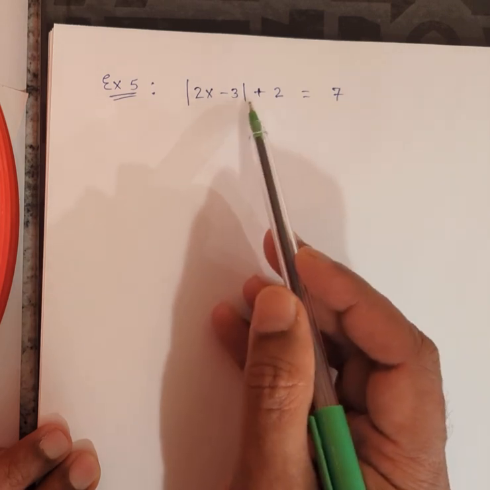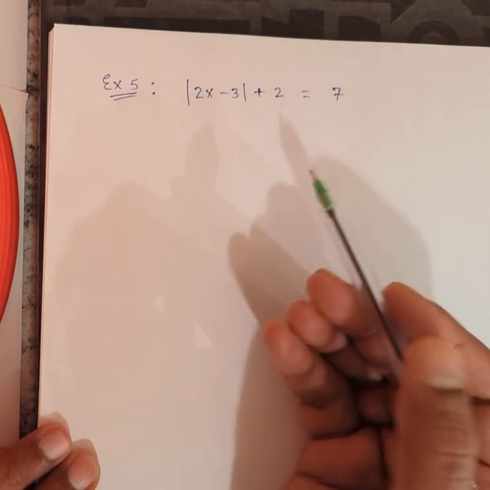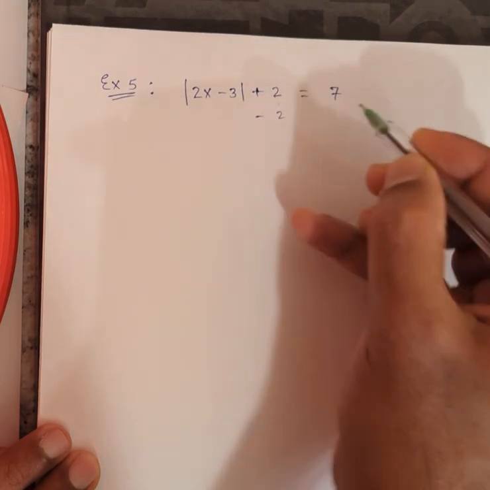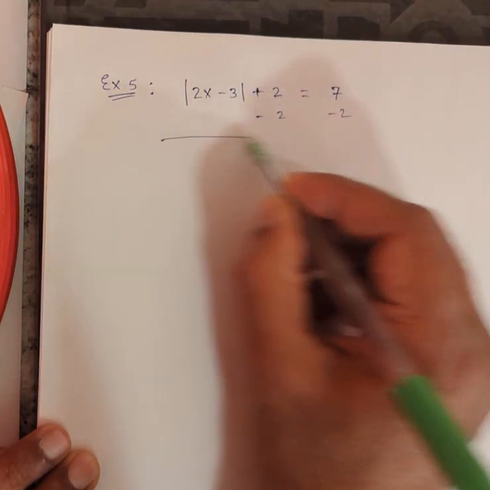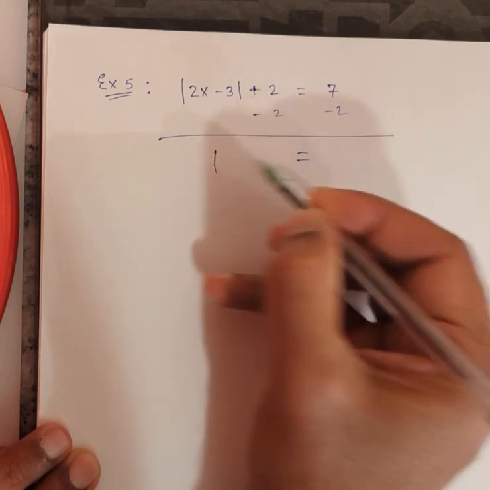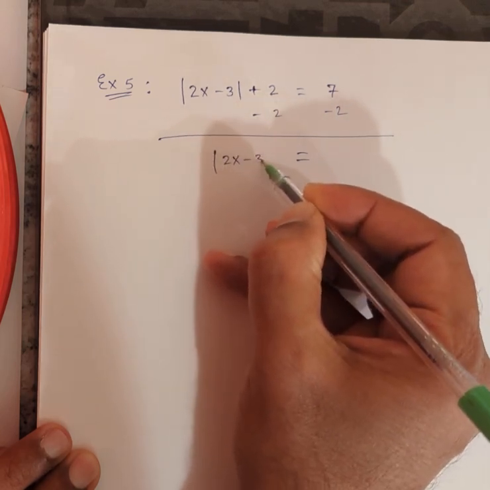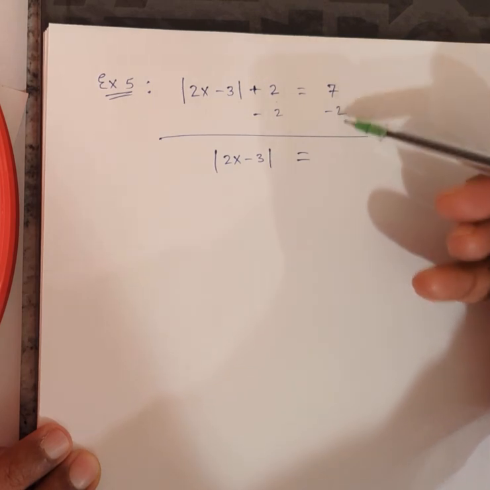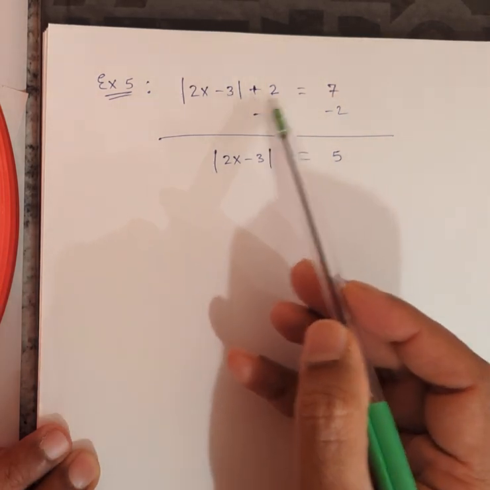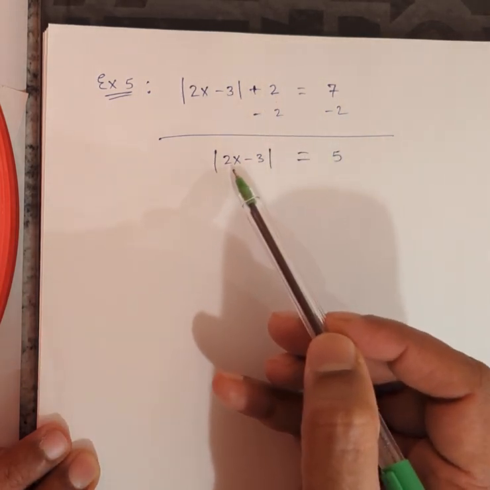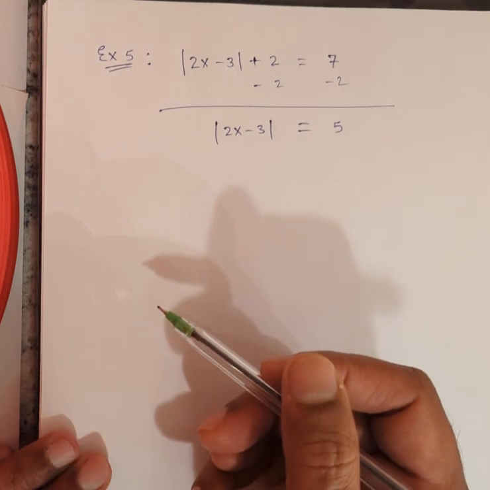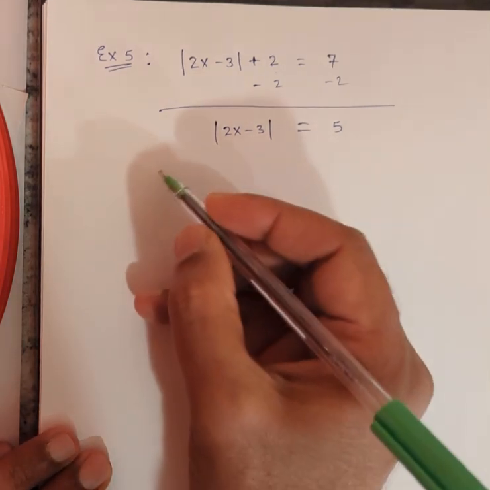But in addition to the absolute value, we have the plus 2. So the first step is to get rid of this plus 2 by subtracting 2 from both sides. So go ahead and do that. So on the left side, it's absolute value of 2x minus 3. And on the right side, it's 7 minus 2, which is 5. So once we got rid of that plus 2, now notice you only have absolute value on one side of the equation. So at this point, you can write down two separate equations.